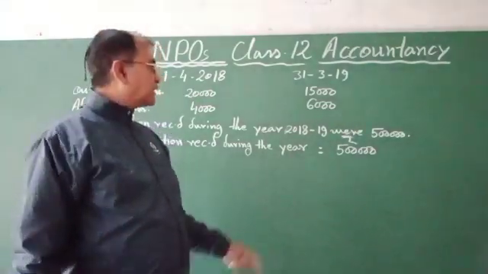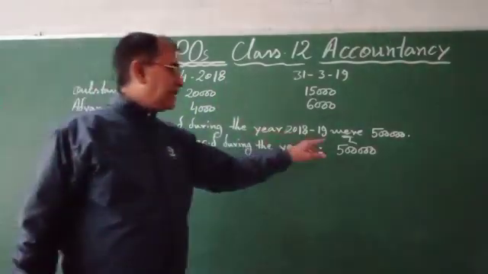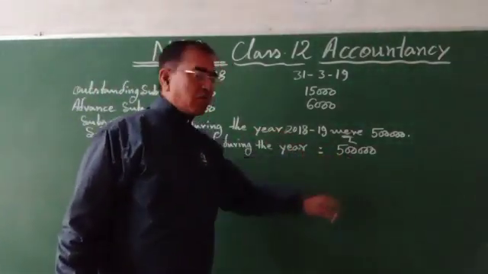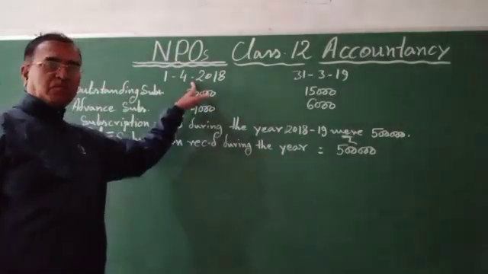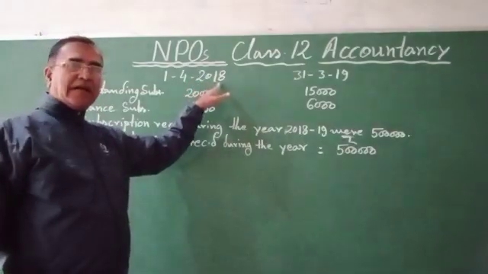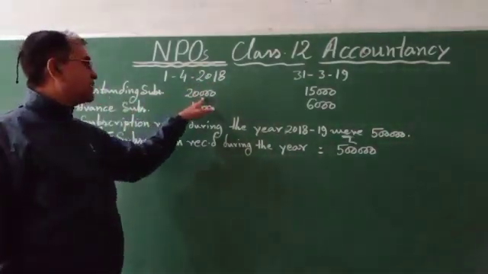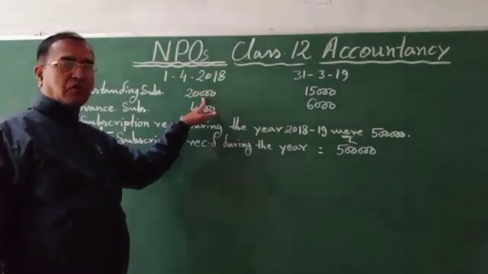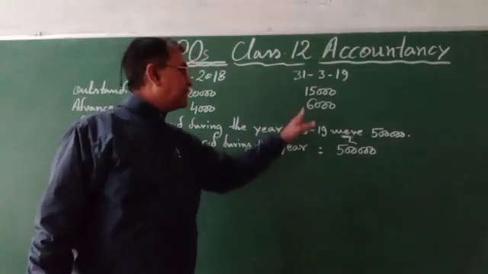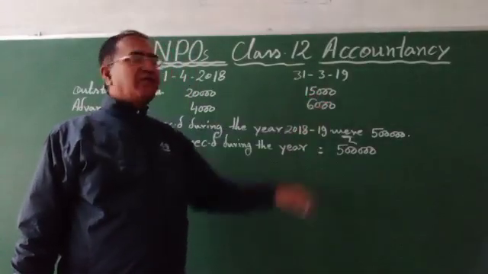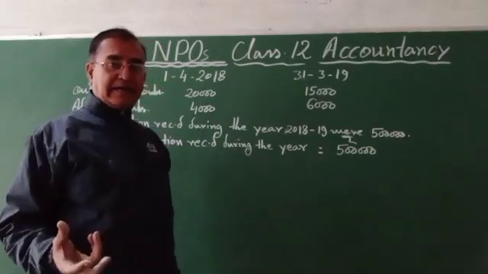And the other information: at the beginning of the year the outstanding subscription is 20,000, and outstanding for the current year is 15,000.